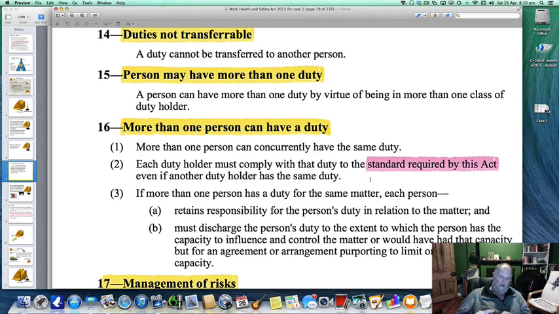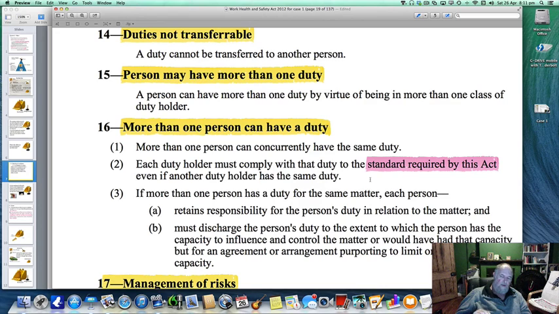Like if somebody gets injured and you've got a worker, a manager and a board of directors, right? And the manager clearly has the right or has the requirement to carry out the health and safety of workers. Okay, so that's one person with a duty. Now, the only thing is that it may not be possible for that person to influence or control the matter.